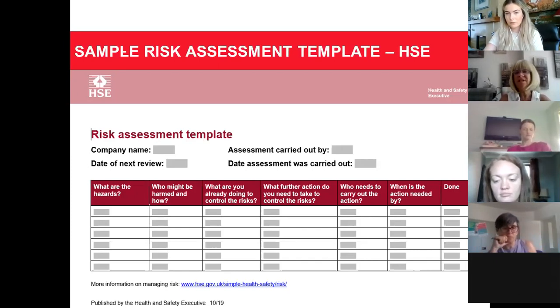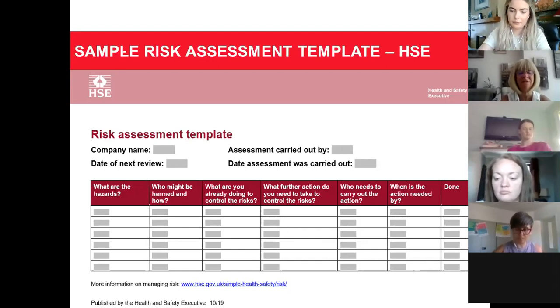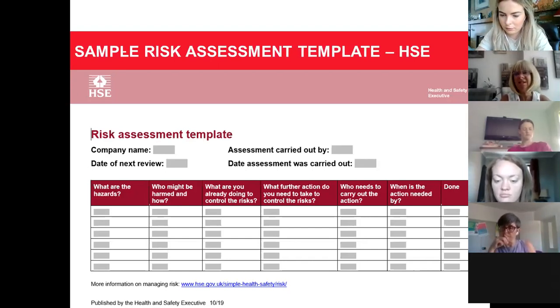So what are you already doing to control the risks? This is your opportunity to think about things that you've already got in place. I'm sure that prior to when we went into lockdown, we all started putting some things in place to protect ourselves against COVID-19. So, for example, you might have displayed some information on COVID-19 at your premises.